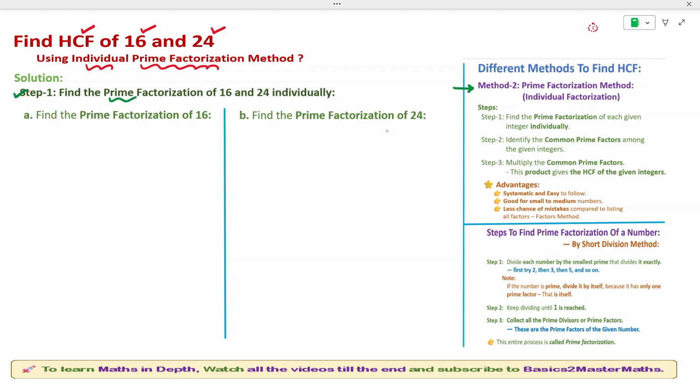Find the prime factorization of 16 and 24 individually. Using the below steps, let us find the prime factorization of 16 and the prime factorization of 24.